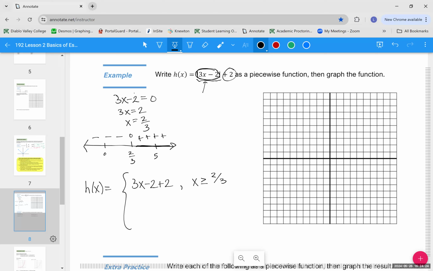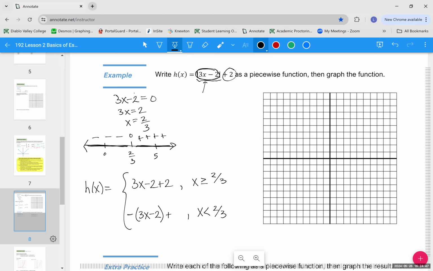So then in those x values where x is less than 2/3, the stuff that I'm plugging into the absolute value is negative. So the absolute value will be equal to the opposite. Just the part that's inside the absolute value will be equal to the opposite of itself.